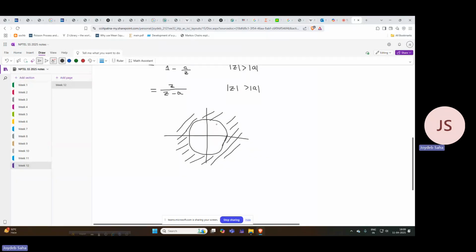If this is mod a, and this line is mod z equal to mod a.